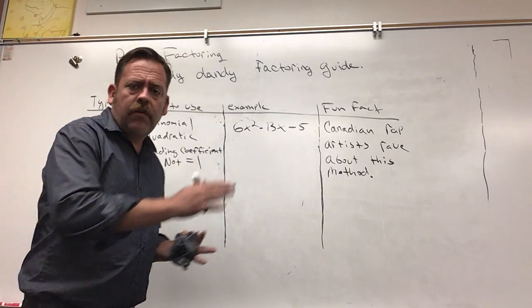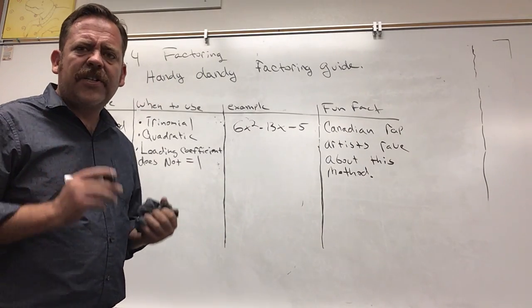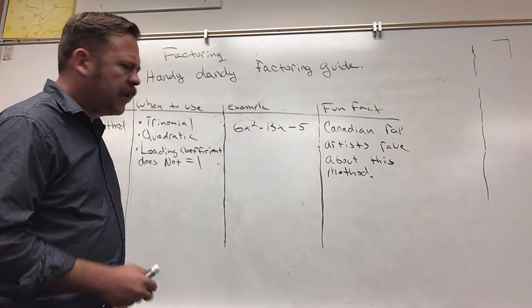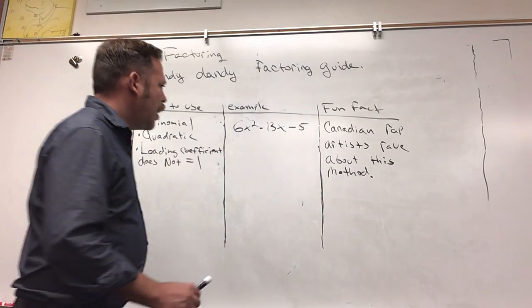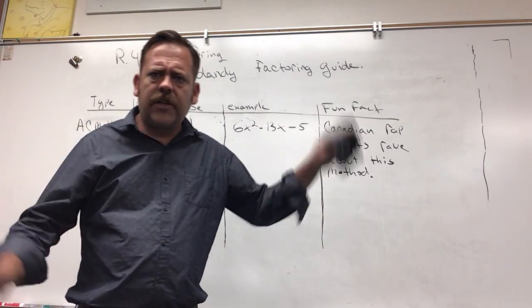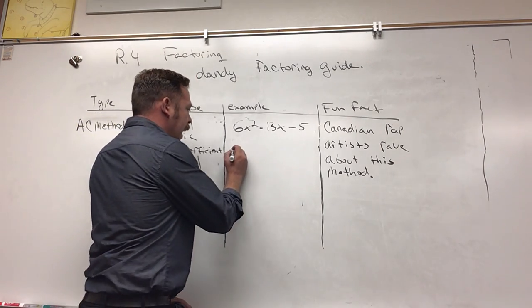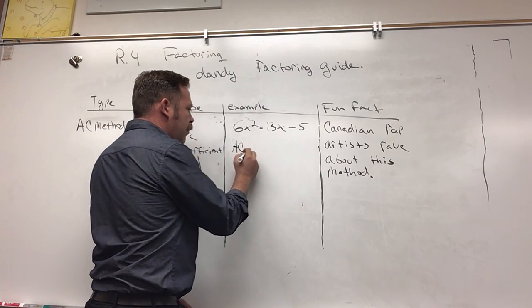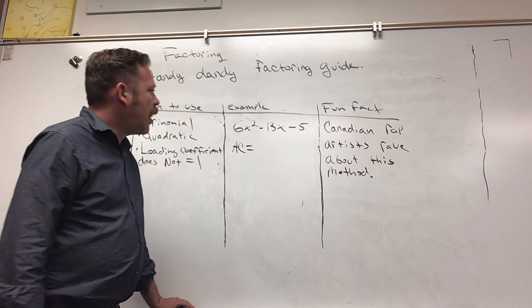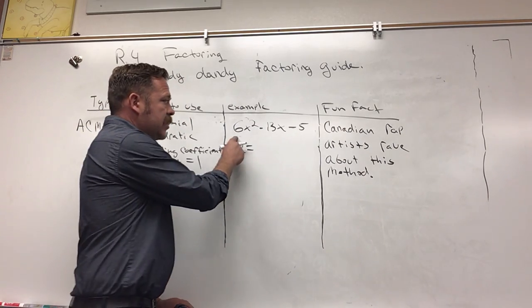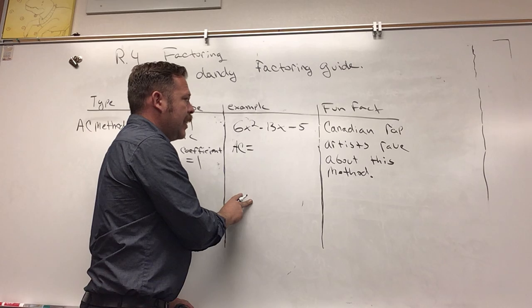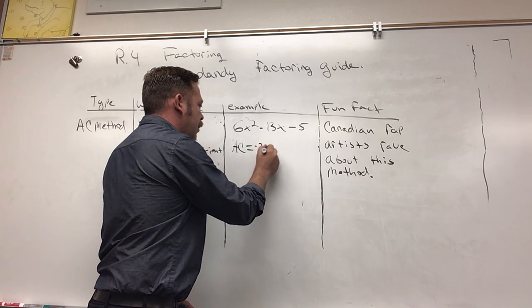I'm going to write the steps as we go, because there are some steps to this one. It's not quite as simple as magic numbers or GCF, but first off, we're going to find A times C. We multiply A times C, and I get 6 times negative 5 is negative 30, okay?